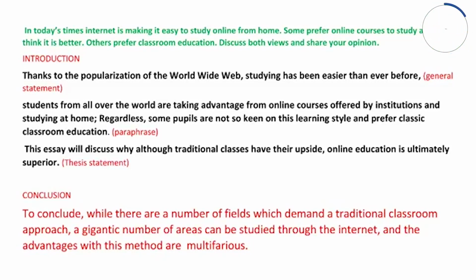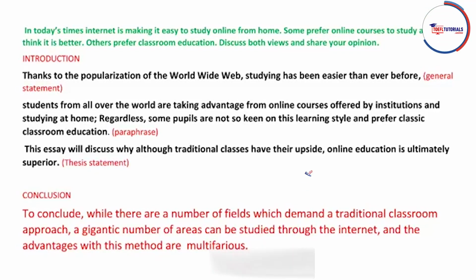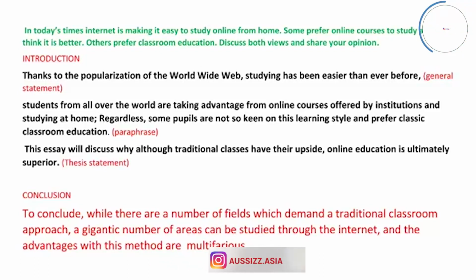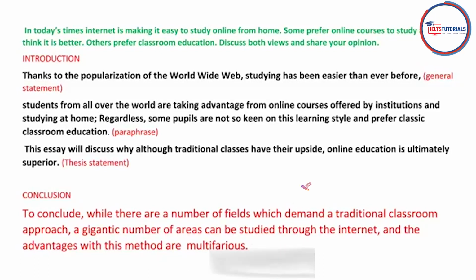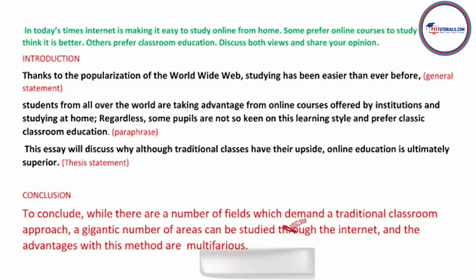This essay will discuss why, although traditional classes have their upside, meaning the importance of traditional classes is there, comma, here comma is but online education is ultimately superior. So after the comma, this is the fact that you feel that online education is better than the traditional mode of education.